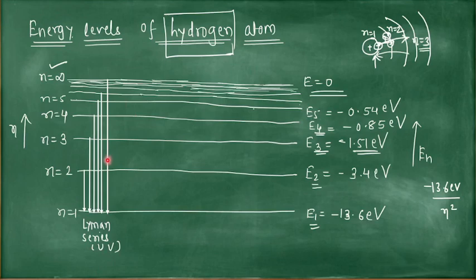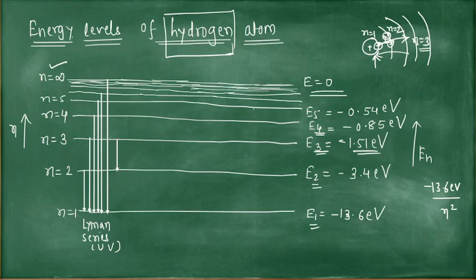The next scientist, Balmer, studied the radiations coming from the electron when there is a transition from outer orbit to the second inner orbit. If the electron is in the second orbit and goes to an outer orbit and comes back into the second orbit, then there is radiation of definite frequencies. So here n is equal to 2 and n is equal to 3. This is a transition.